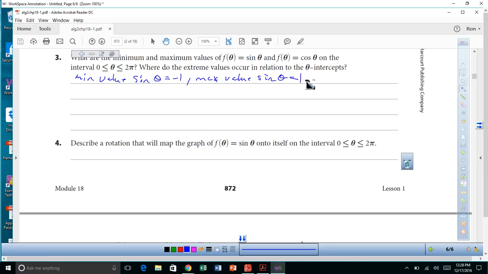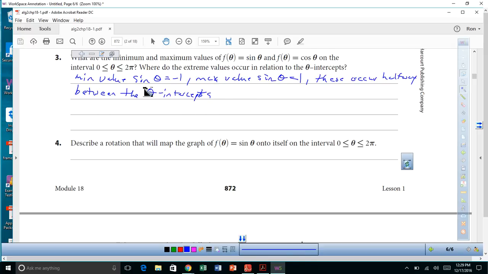And these occur halfway between the theta intercepts. All right.